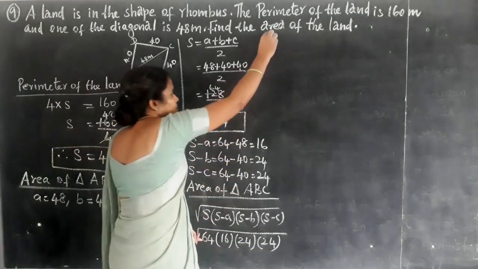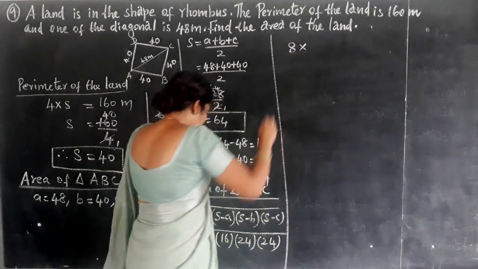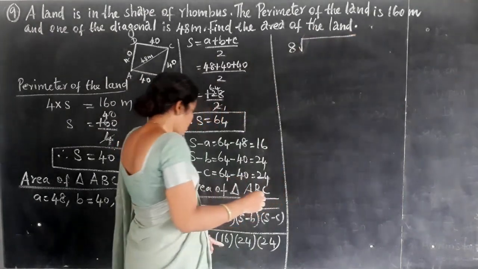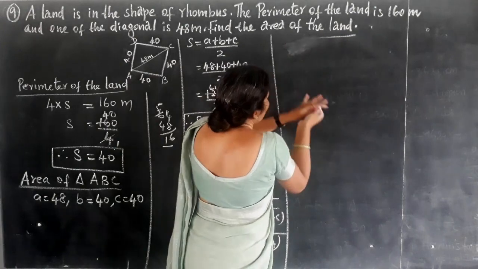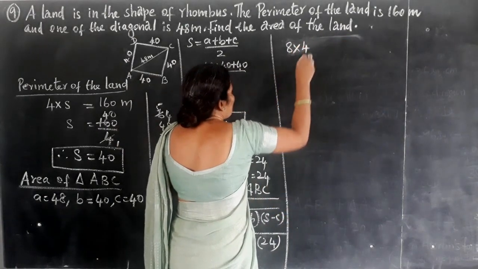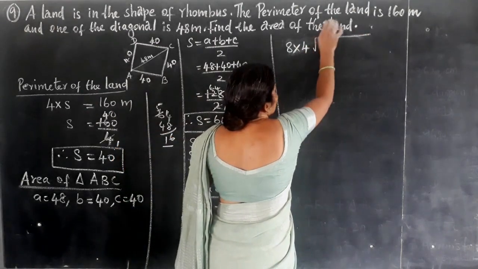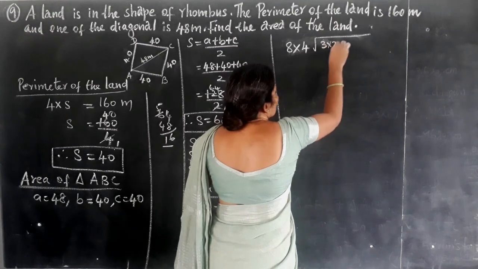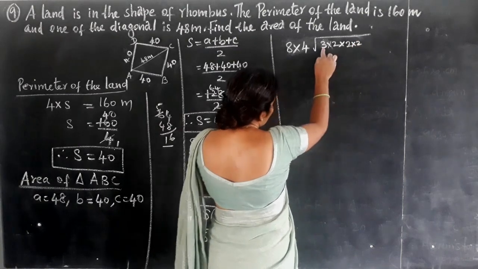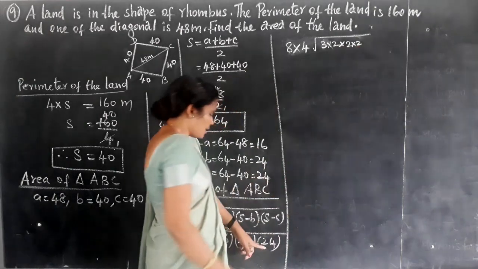The root value of 64 is 8. So 8 into 16, 4 fours are 16. Then 24 is 6 into 2 into 2, and again 24.